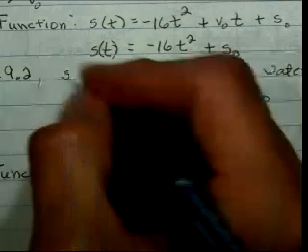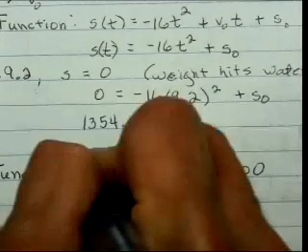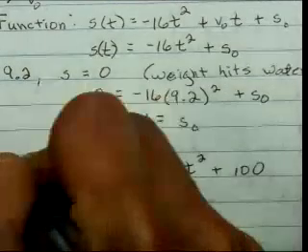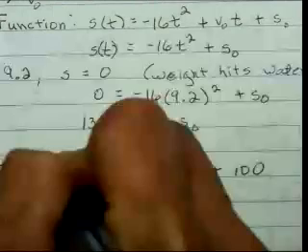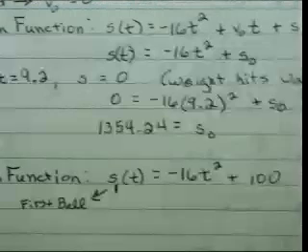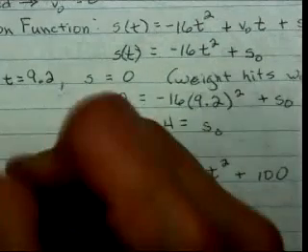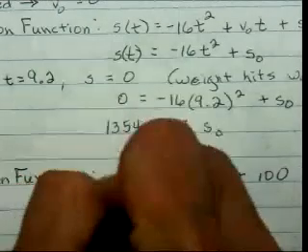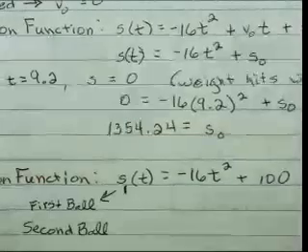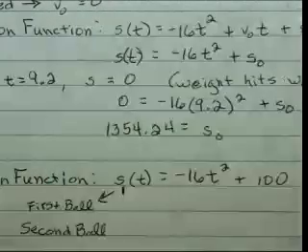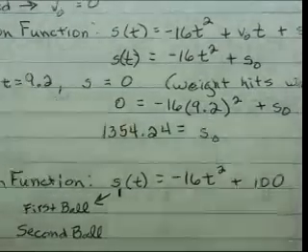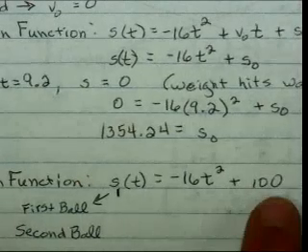This means first ball. And then the second ball is dropped from a height of 75 feet. So 75 instead of 100 right here.